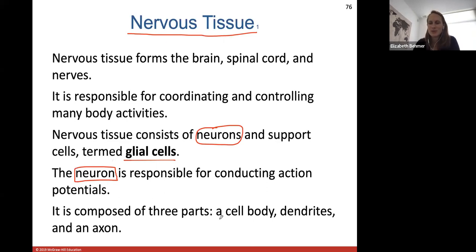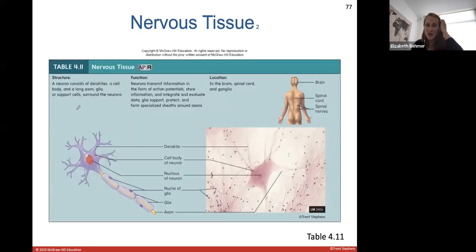And the neuron is composed of three parts: a cell body, some dendrites, and an axon. So here's a look at a neuron, which is the nerve cell, and it consists of dendrites, which receive signals from other neurons, the cell body, which processes a signal it receives, and then it sends that signal on down this yellow axon.